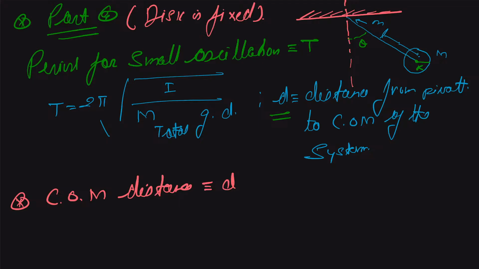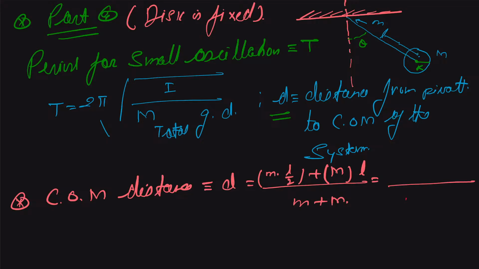So this distance d will be equal to, in the denominator the total mass, that is m plus capital M, and in the numerator we have our rod whose mass is m multiplied by L by 2, plus we have this disc whose mass is capital M and whose distance from the pivot is L. Therefore we get this as small m plus capital M, L we can take as common, so this will be m by 2 plus capital M.